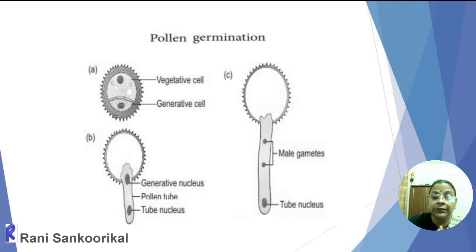Then the B figure shows the early stage of pollen germination, where the pollen tube will emerge out of the germ pore, and the pollen tube carries the pollen tube nucleus, that means the vegetative nucleus, and the generative nucleus. Later the generative nucleus will divide into two and they form the 2 male gametes.